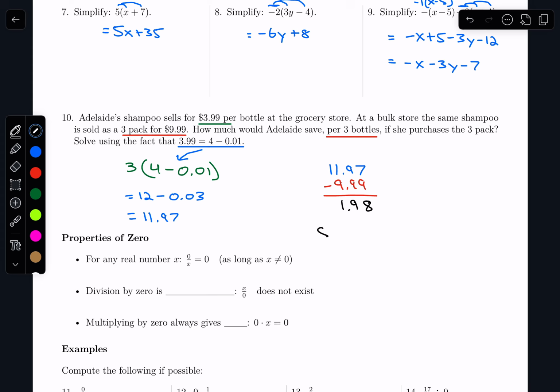Okay, so it is a $1.98 savings by purchasing in bulk. Now I'm not saying that's a massive savings. Depending on how much shampoo you go through, that might be only $5 a year. But hey, saving money is saving money, guys.